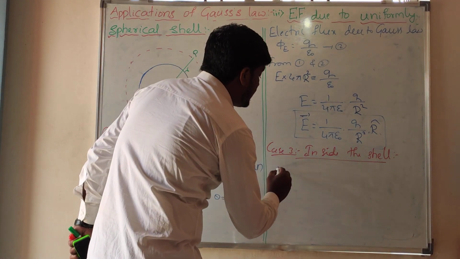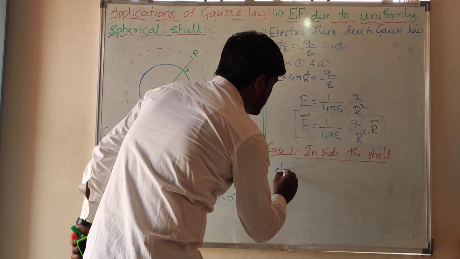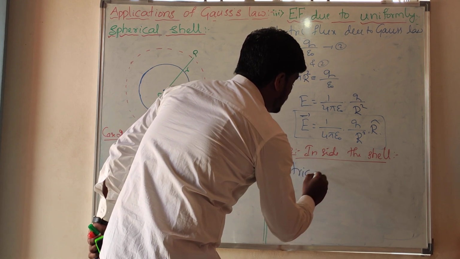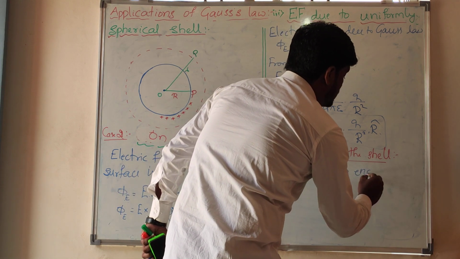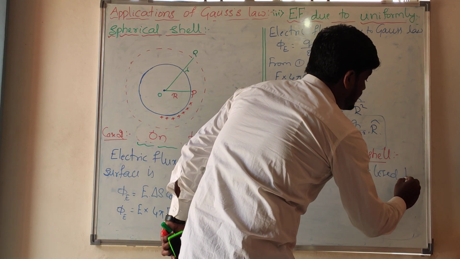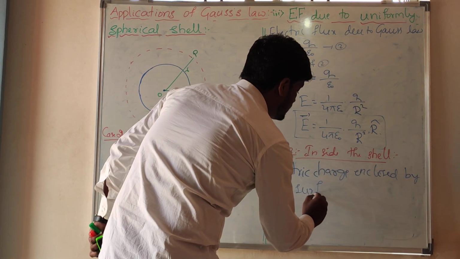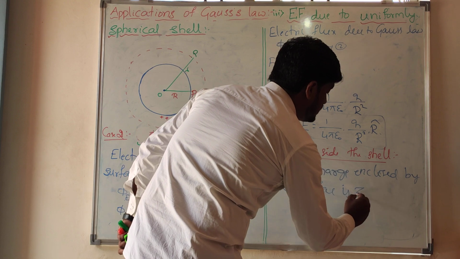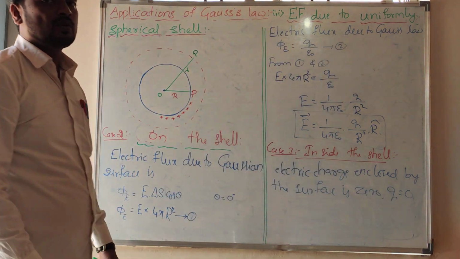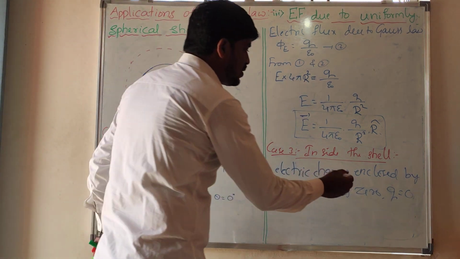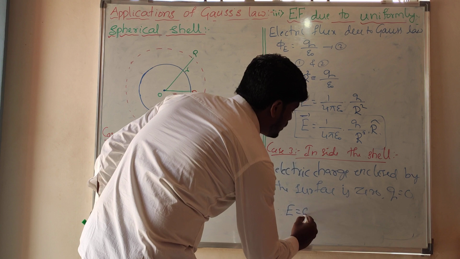Hence, the electric charge enclosed by the surface is 0. That is, Q is equal to 0. If there is no charge, there is no electric field. I can write directly E is equal to 0.